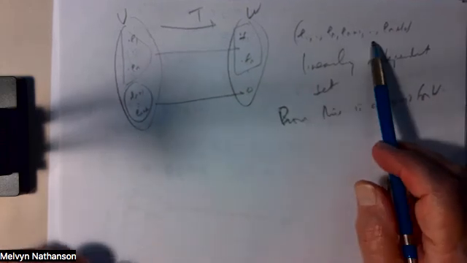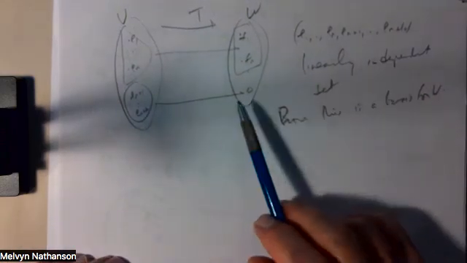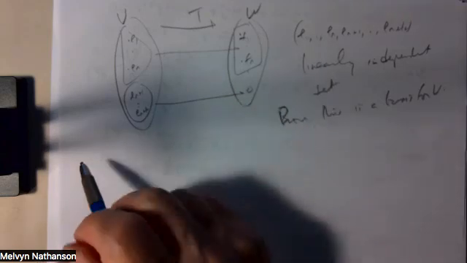So I know these vectors are linearly independent. What I must prove is that they generate the whole space.